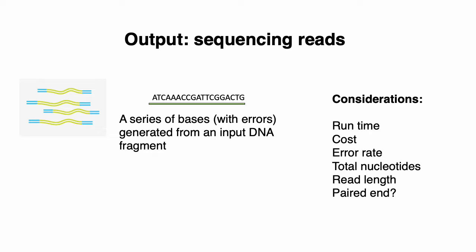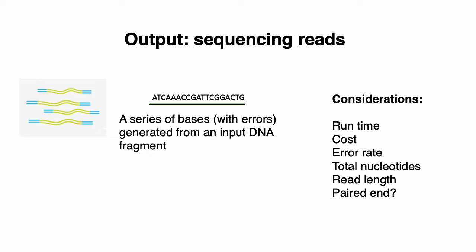And finally, another consideration is that most sequencing done nowadays involves what's called paired end sequencing. What that means is that when you generate these fragments that you want to sequence, sometimes, for example if you're using short read sequencing technologies, you can only sequence the ends of those fragments and not the whole fragment itself. But most protocols nowadays allow you to do paired end sequencing, which allows you to sequence both ends of each read.